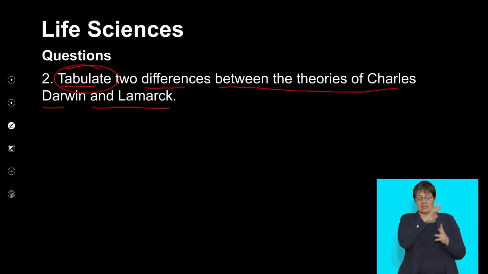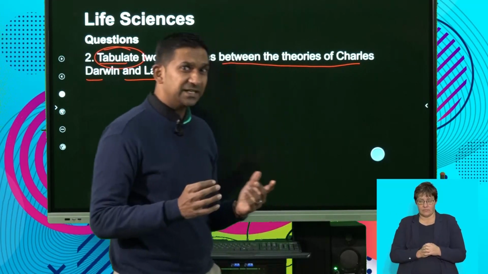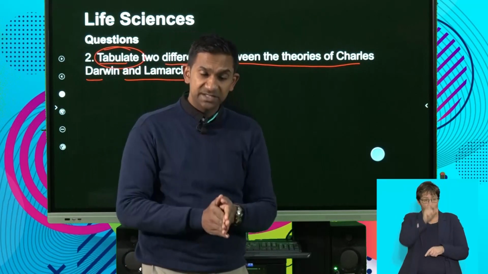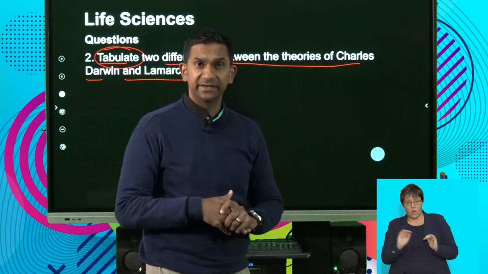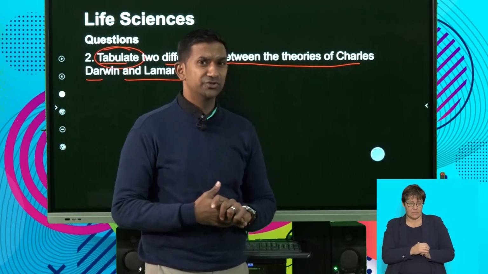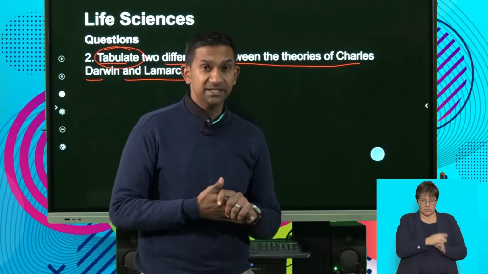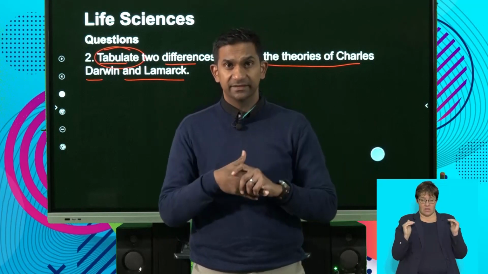It says tabulate, and the word tabulate essentially points to putting things together in a table. Remember that a table needs to have a heading. It also needs to have clear columns that clearly differentiate between what you're comparing. I also would like to pause here and give you context to what a comparison is. Guys, it's important that comparisons need to be relative to each other.